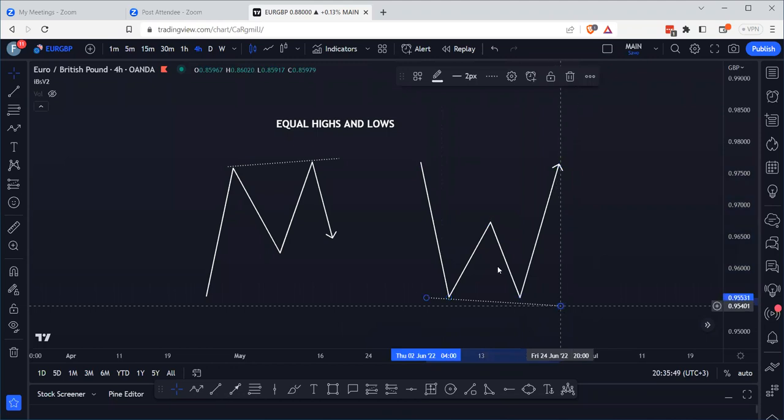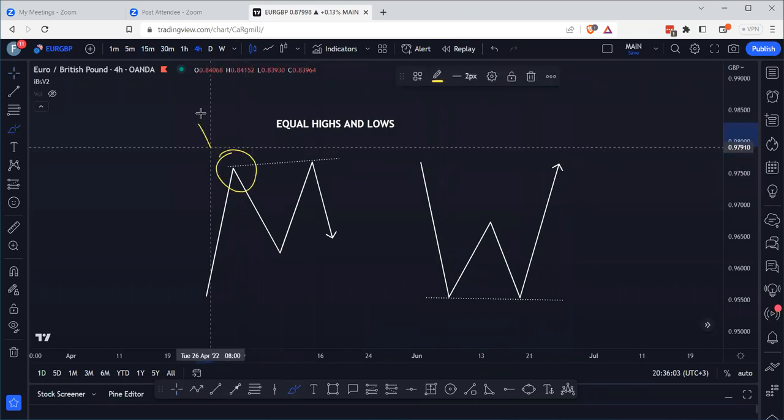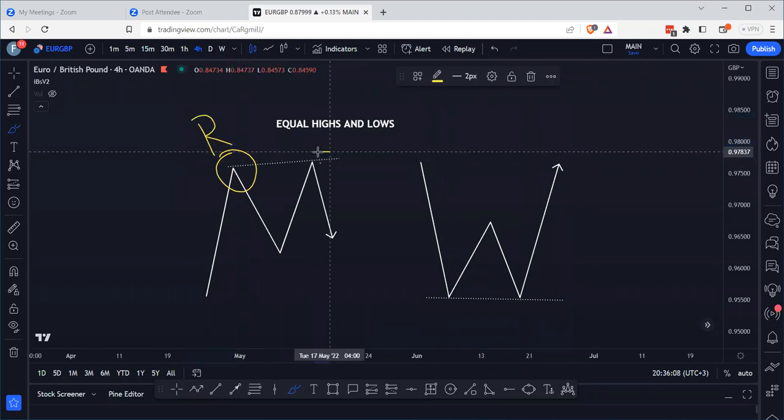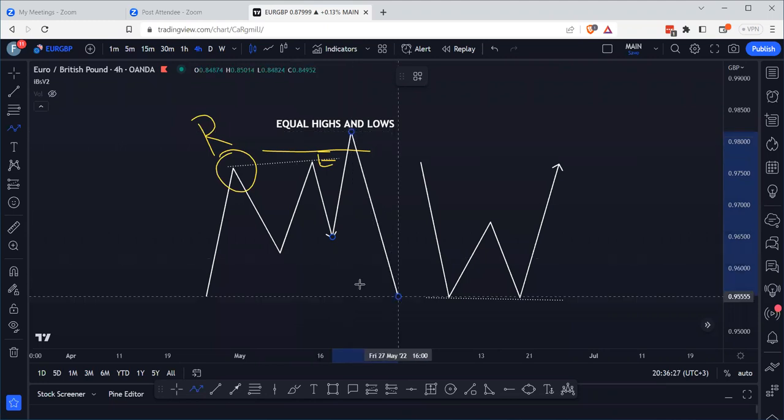Just know that sometime in the future, a lot of people would have taken entry here, because at a point in time, this particular zone was a resistance area. So a lot of people would have taken entry here, and their stop loss would be above the zone. So many times you see that price will later go up, take out people's liquidity, people's stop loss, before eventually going all the way down.